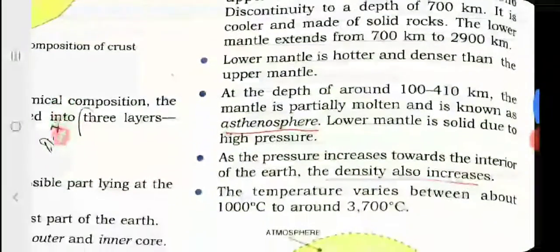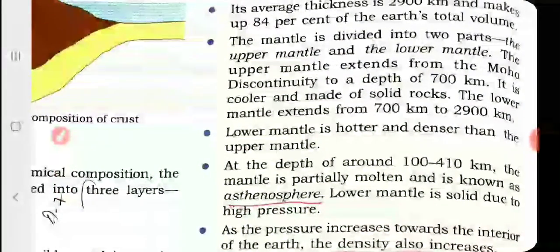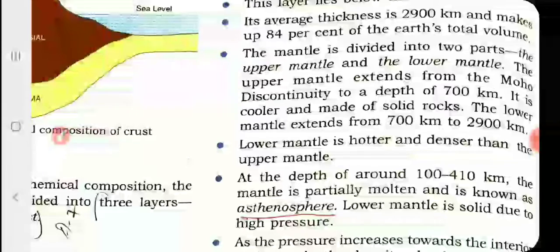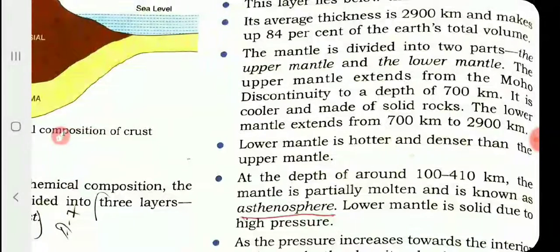Moho is a Yugoslavian scientist who discovered this discontinuity between the crust and mantle, and that is why his name is given, nothing else. When the crust ends, the other layer starts.